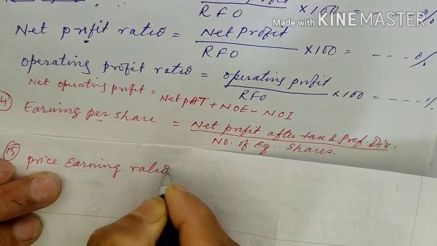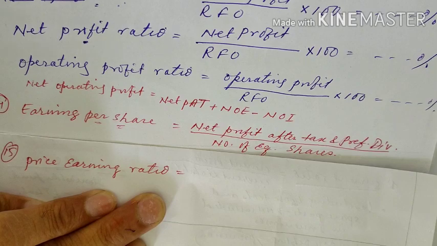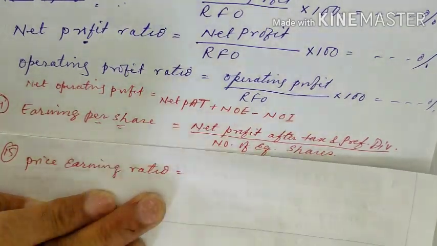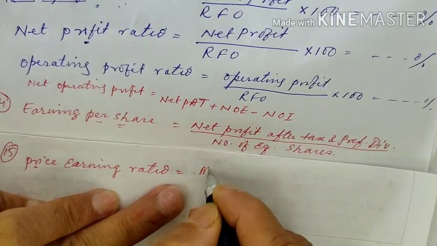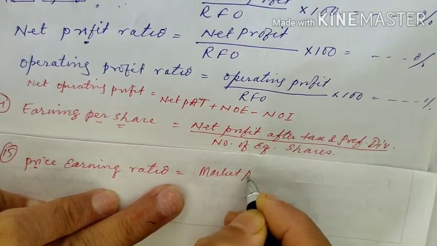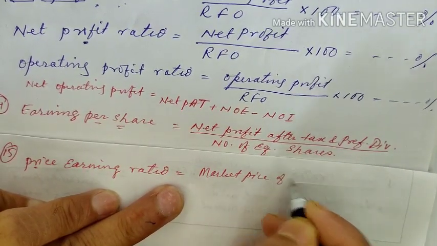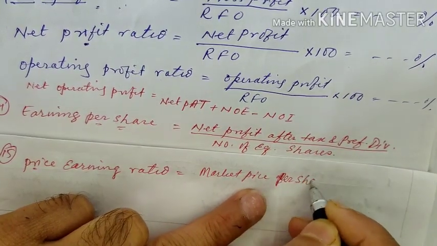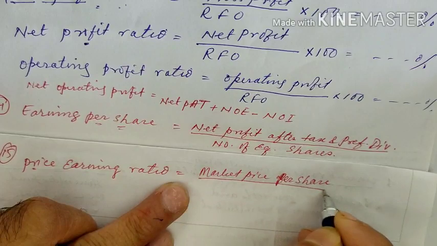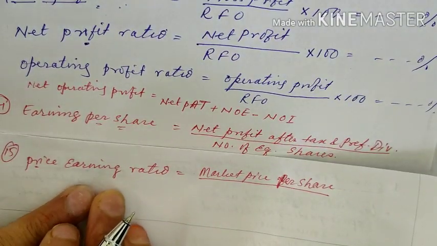Number 15, you have price earning ratio. Shares are traded in stock market. That means the share has a price in the market which is called market value. Here you are going to take the market price per share divided by the earning.